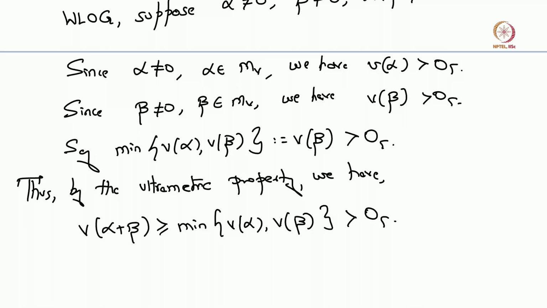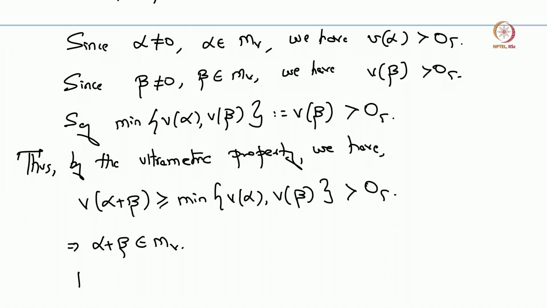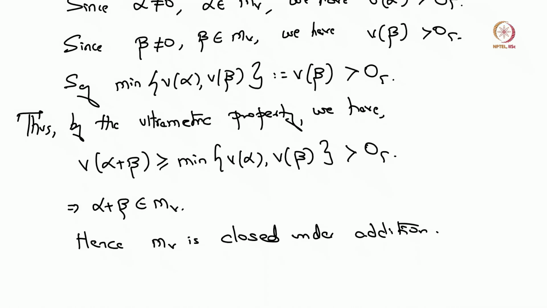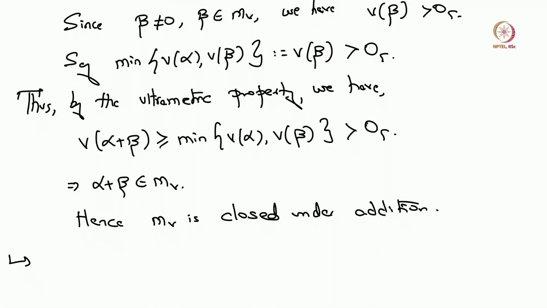And since the valuation of alpha plus beta is strictly larger than the identity element of gamma, this means that alpha plus beta belongs to MV. And hence, MV is closed under addition. Okay, and now the last property that we need to check to show that MV is an ideal of OKV is that it's closed under scalar multiplication.